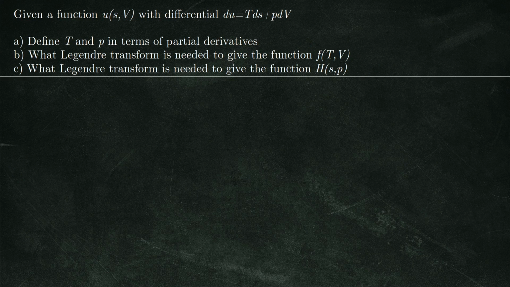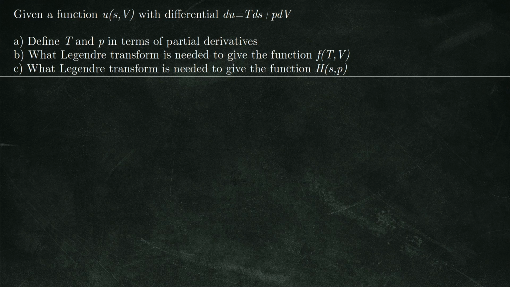Right, this example is a bit different, but if you've done a course in thermodynamics, this should be very familiar to you. So we have a function u, which is a function of s and v, and we've got its differential there. So in this example, t and s are conjugate variables, and p and v are conjugate variables.